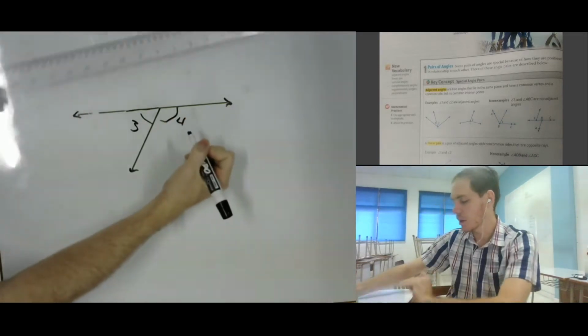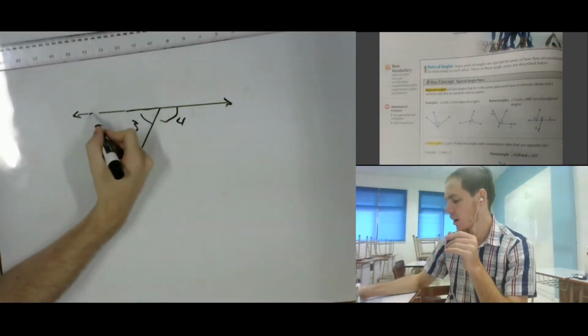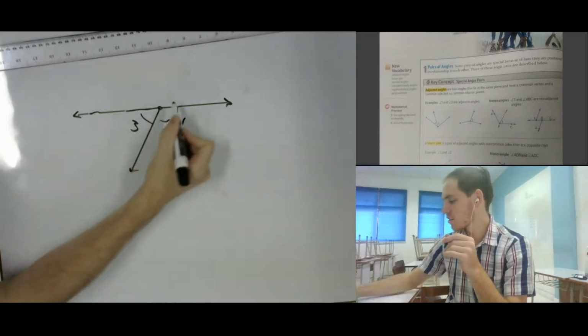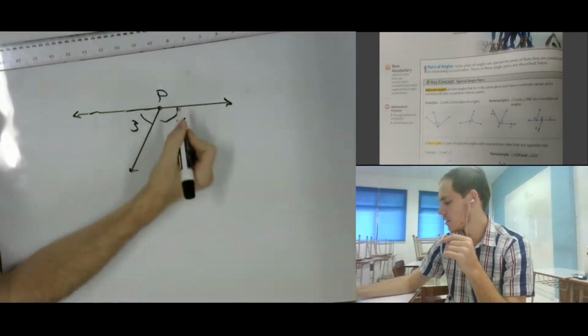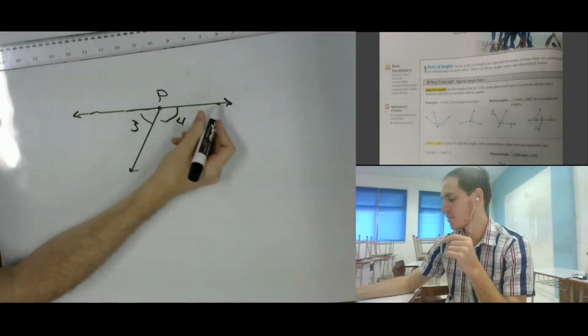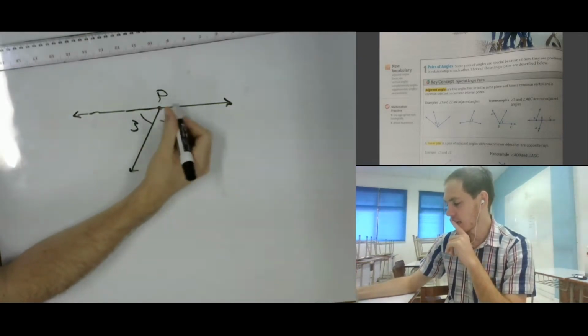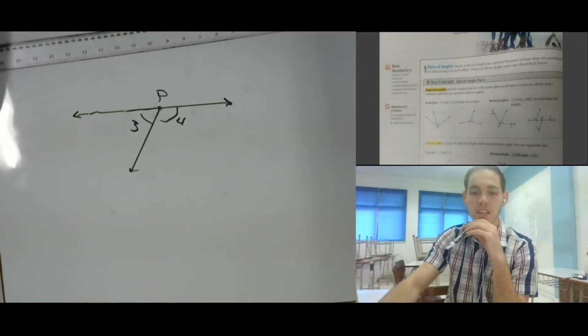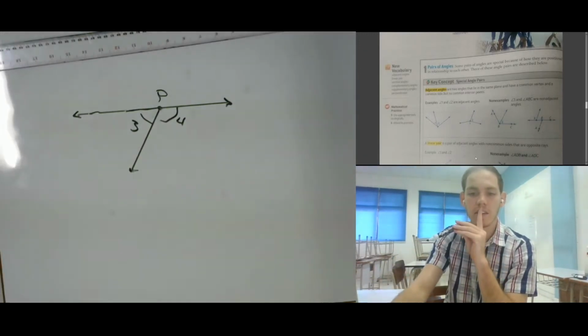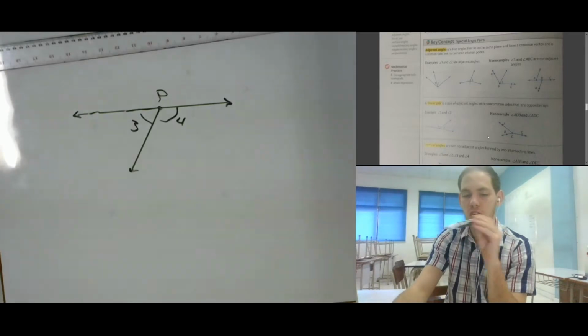So that's a linear pair, okay? Notice that they have a non-common side, let's say this is P, that has opposite rays, okay? Their non-common sides are opposite rays, so it's one line.